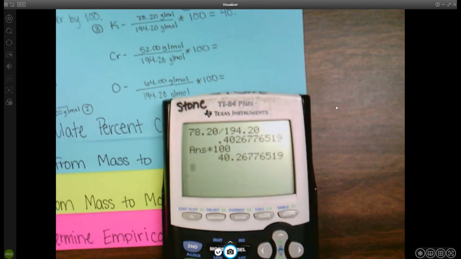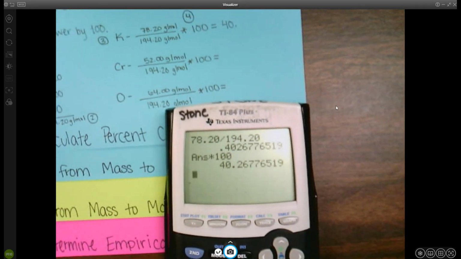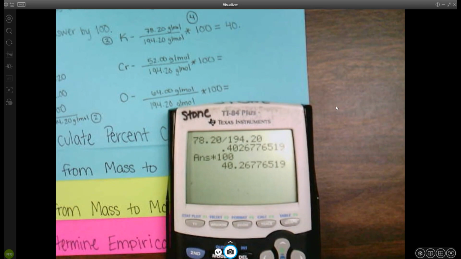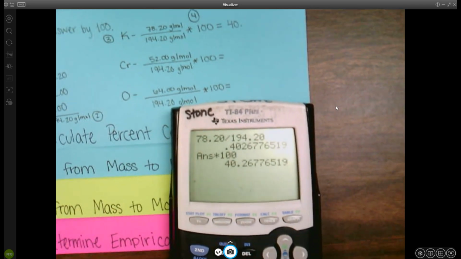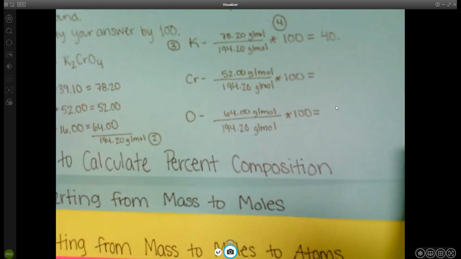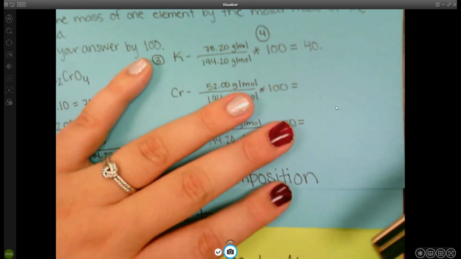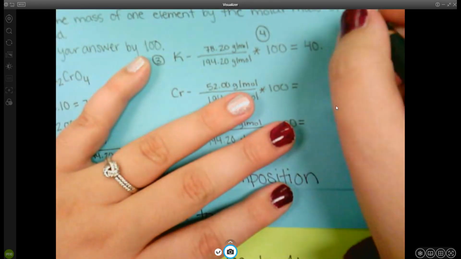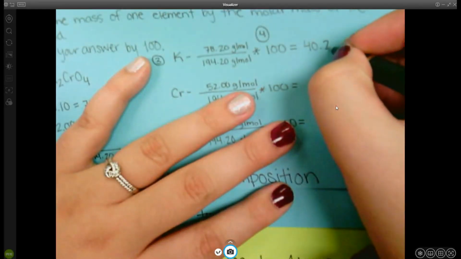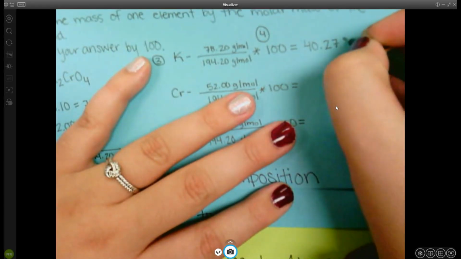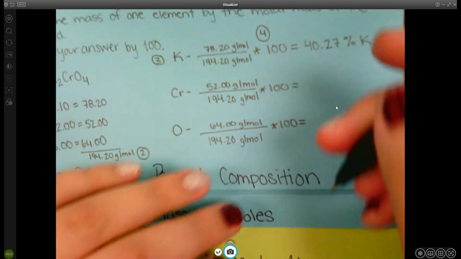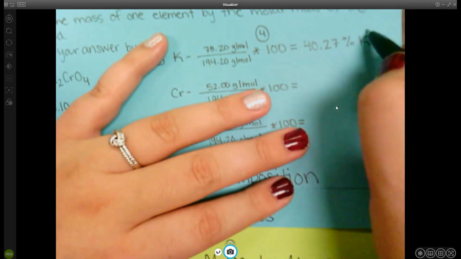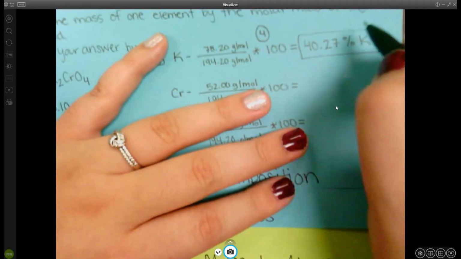My answer on my calculator is 40.2677. I'm going to round that to 40.27. We need to pay attention to rounding. So 40.27% potassium. When we get our answers, we box or circle them.